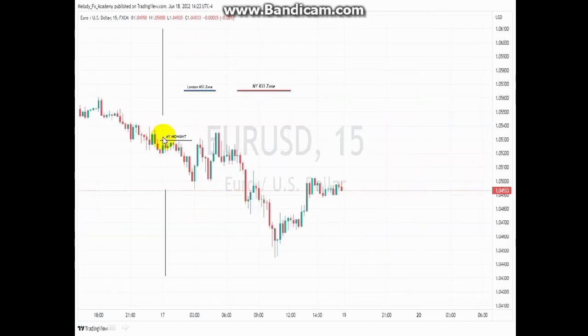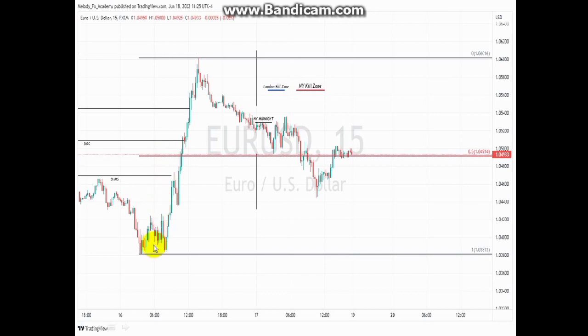Now we had the New York midnight open right there, the London Q zone and the New York Q zone. Looking at the range, I was looking at that 4-hour range. There is a likelihood of price, after reaching for this liquidity, resuming the underlying trade, which was bearish.